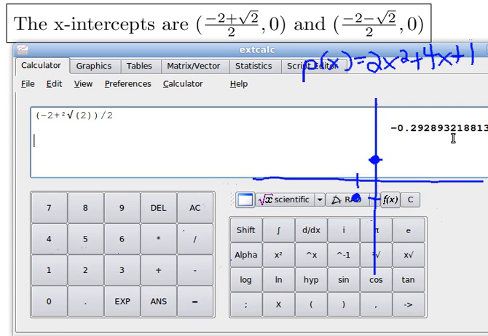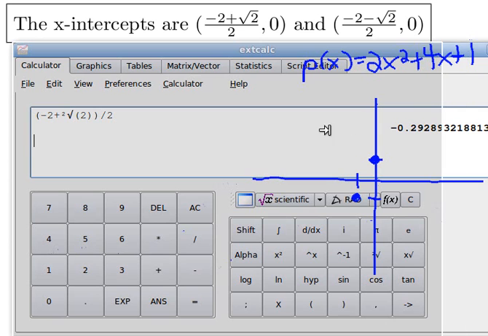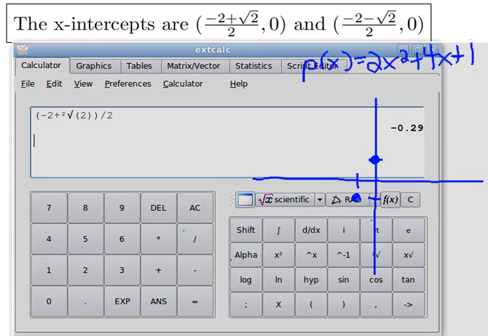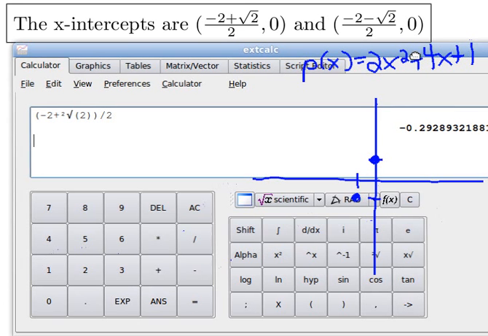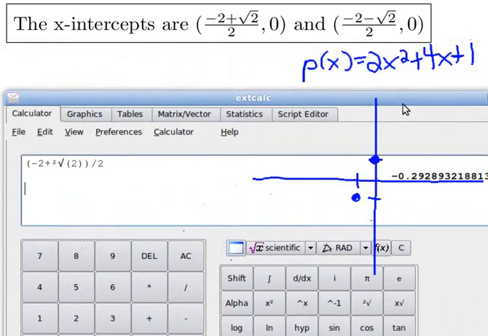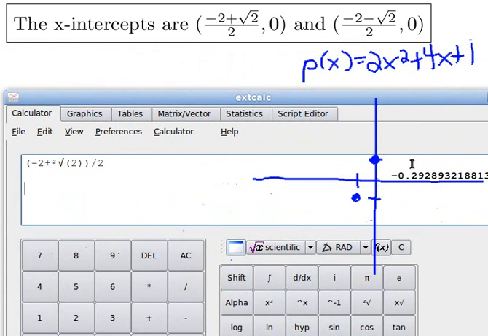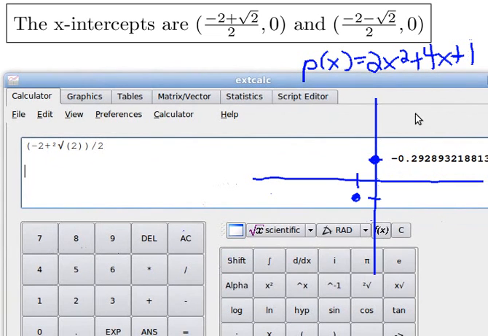So when I evaluate that, this part right here is going to be negative 0.29, and so that means negative 0.29, 0, because this is our x value. So we'll write that here.